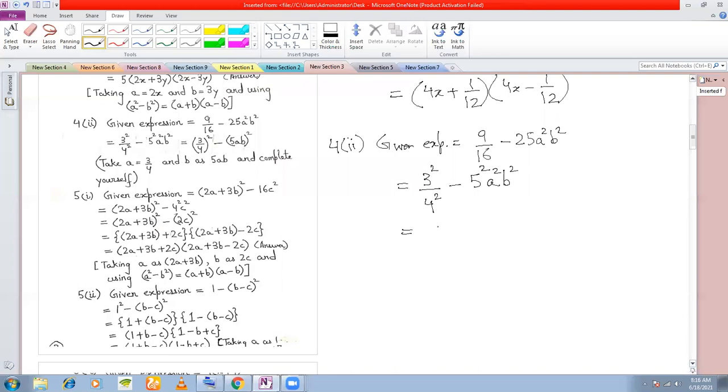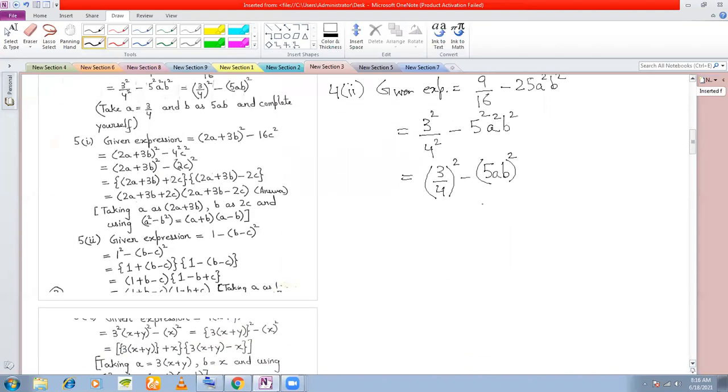So now what happens? 3 square by 4 square can be written as square of 3 by 4, and 5 square a square b square can be written as 5ab whole square. Now this is again a difference of two squares, where a is 3 by 4 and b is 5ab. So 3 by 4 plus 5ab, a plus b into a minus b. Fine. Moving on to the next one.